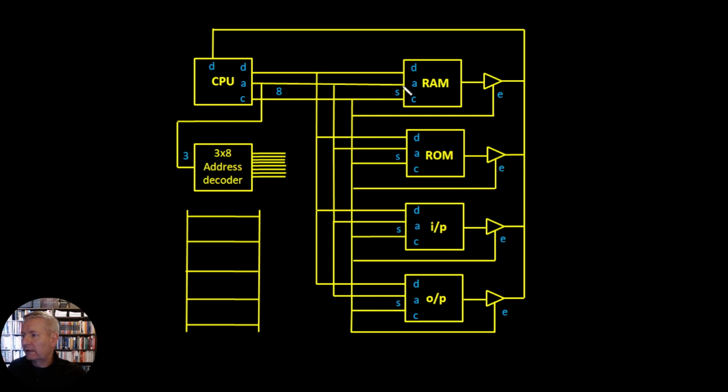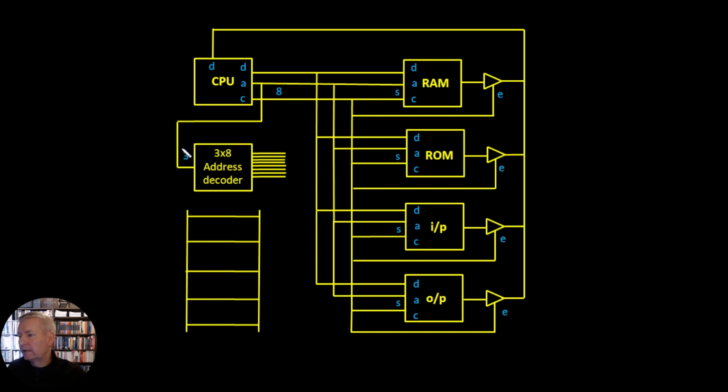So we would have an address which would be 5 bits wide. So we could address 2 to the power of 5, which is 32 bytes. So this device here would have 32 bytes that we can address. And the same would be true for this device here, it would have 32 bytes, and this one and this one.